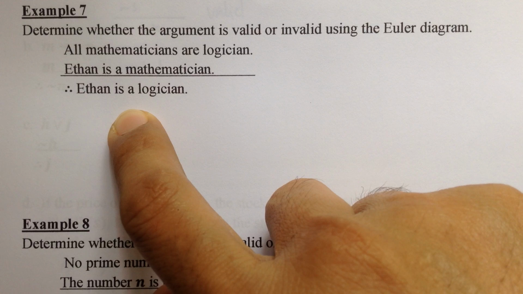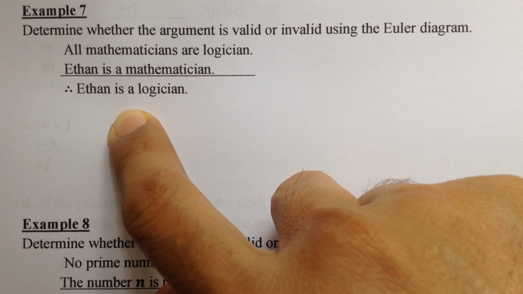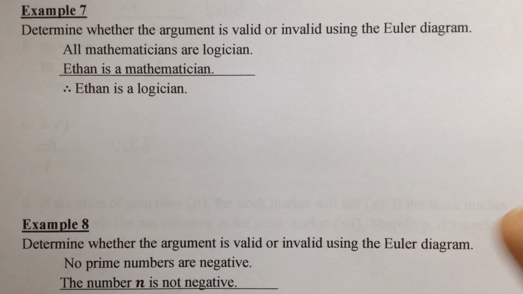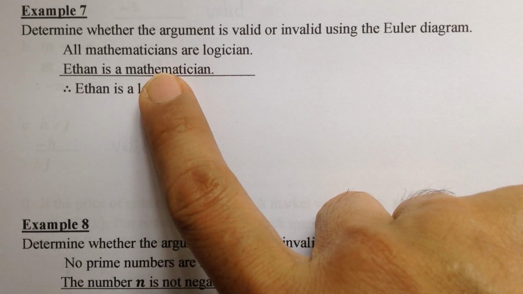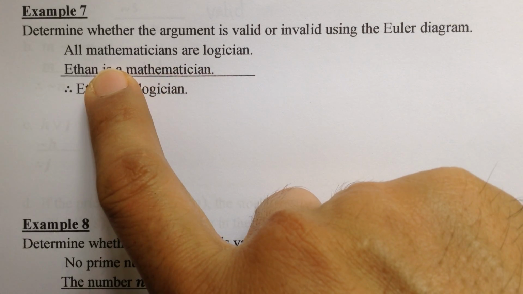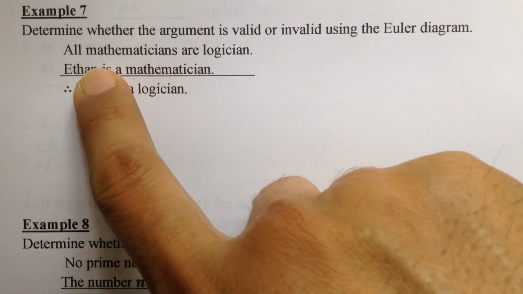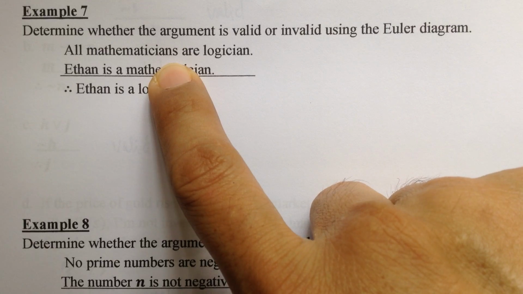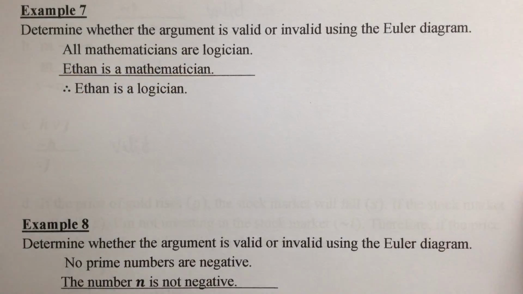Those are quantifiers that use some, there exists, and so on and so forth. So you will notice here that the premises in this example are in the form that uses quantifiers.